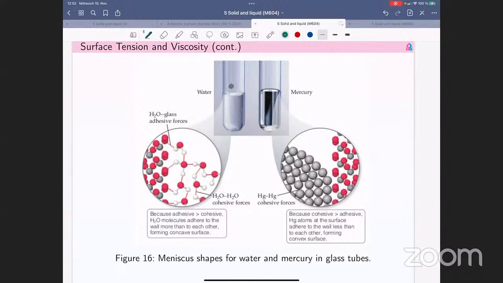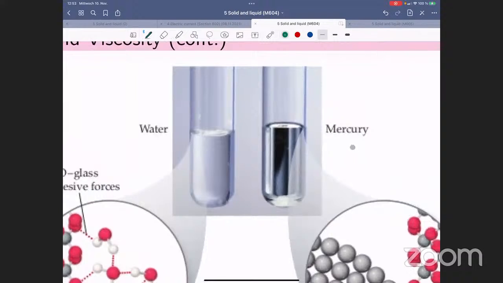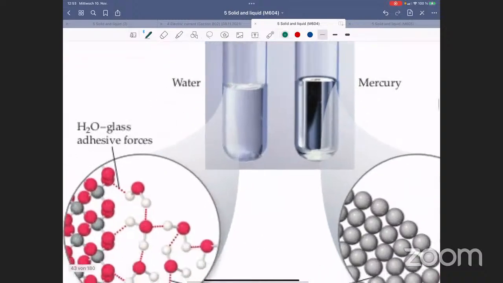For example, if we have a capillary tube, which is a kind of experimental tube in the laboratory, we have 2 examples of fluid. The first one is water on the left, and another one is mercury. I'm sorry, the resolution of the figure is not so good.